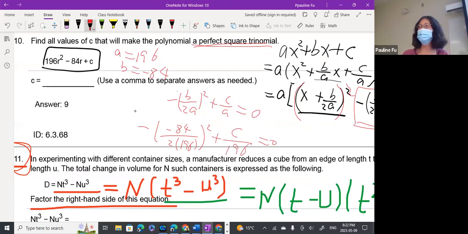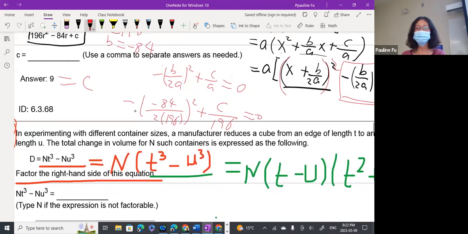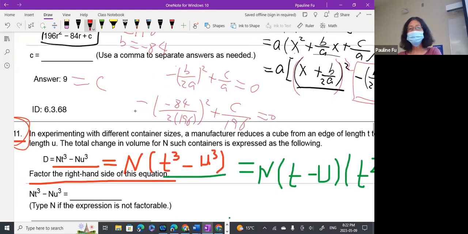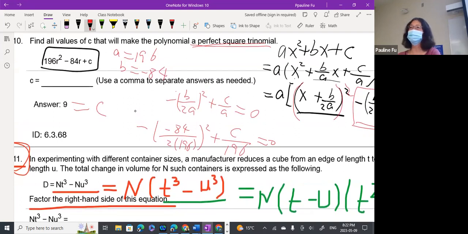You get one equation, one unknown. You solve for c. The answer is c equals 9. And this one is a little bit difficult. This question 10 is not like the previous questions, which were very easy.